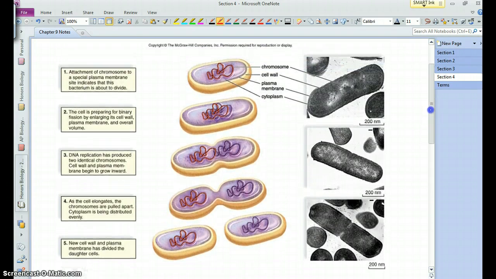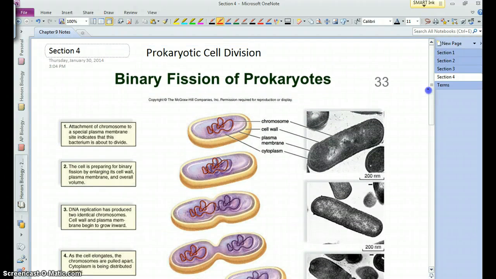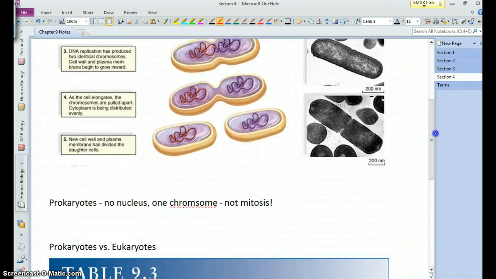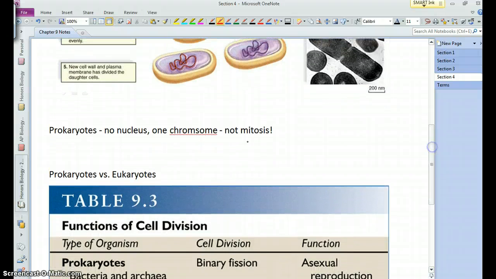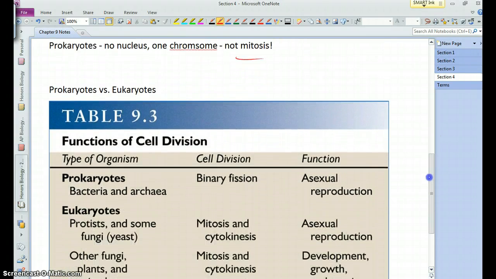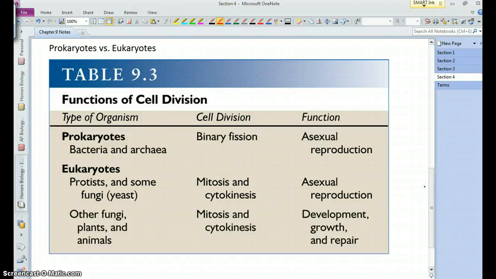Whereas cell division in, well, here, I think I got a table down here. Yes, no mitosis. So let's look at the differences here. Prokaryotes do binary fission, and they're doing this to reproduce, a form of asexual reproduction in which they're producing clones.